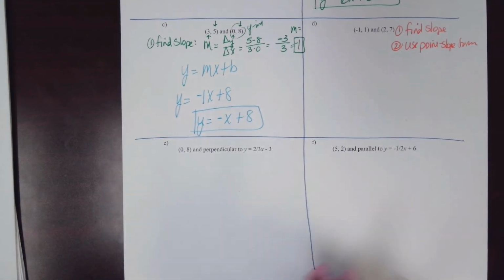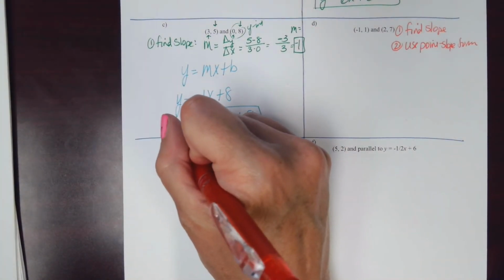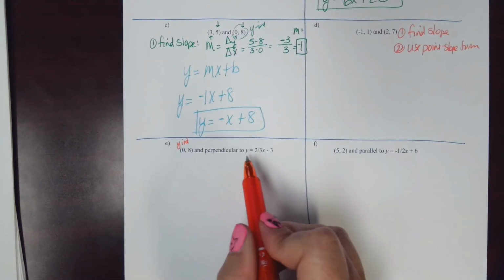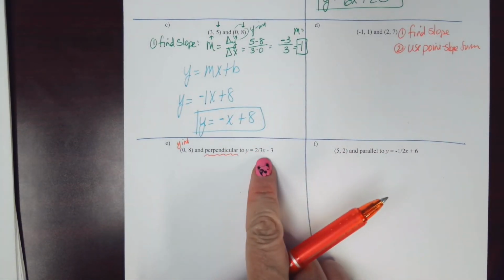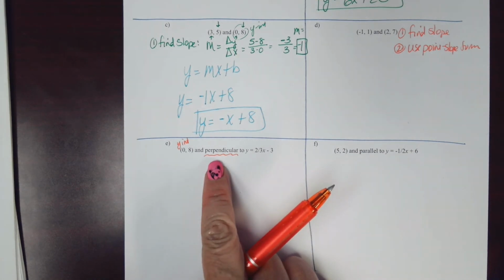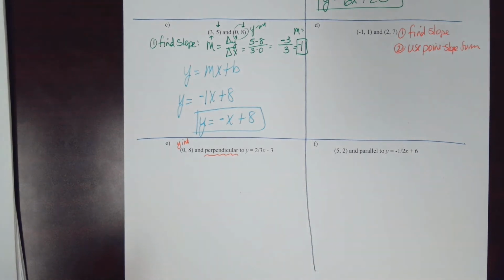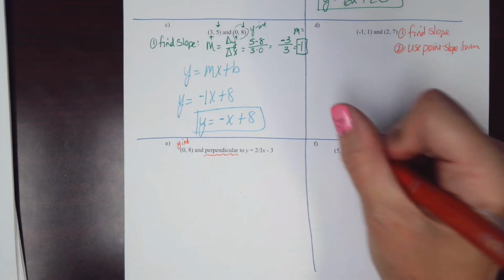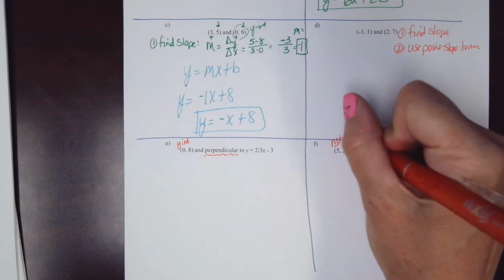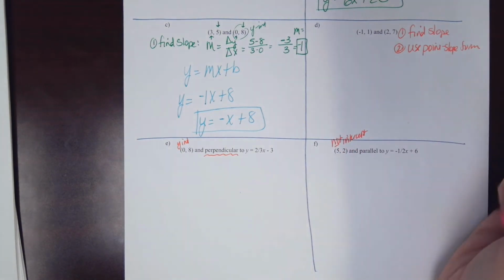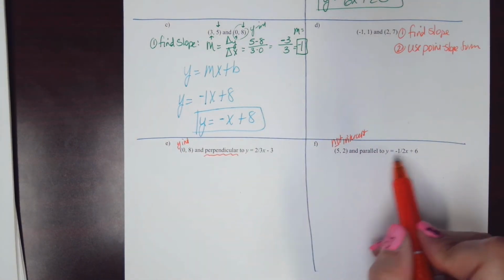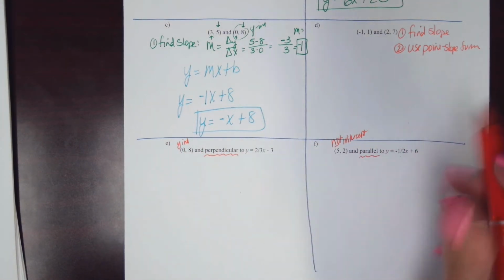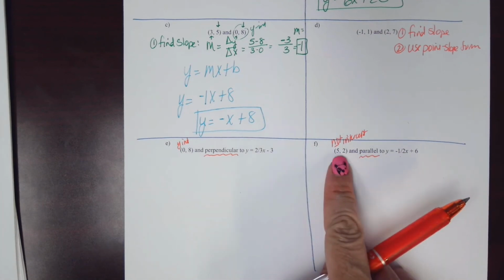All right, down here, I know my y-intercept, so that's great. And I've been given information about a line. I know the slope of this line, so I can figure out what slope the perpendicular line would have. This is not an intercept, so I'm going to have to find the slope based on this information and then plug it into point-slope form.